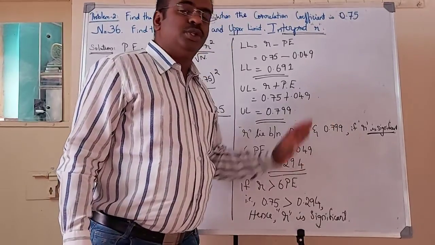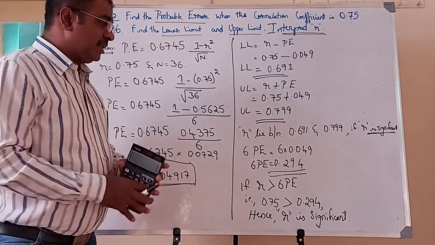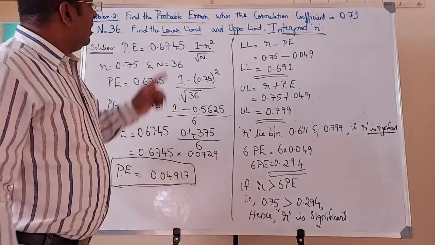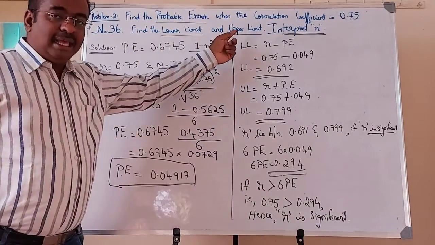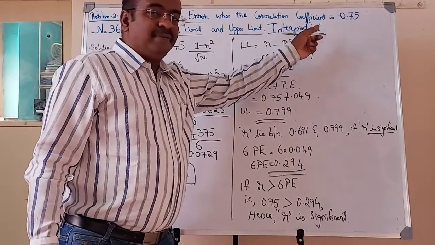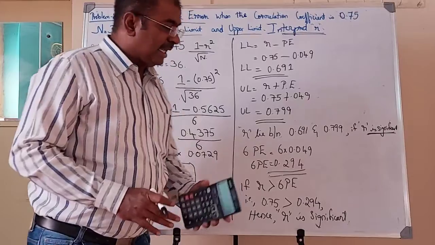That is what we are going to interpret in the case of coefficient of correlation. So this is about probable error, how to find probable error. Second, finding out the lower limit and the upper limit. And finally, interpreting the value of R, whether it is significant or not significant.